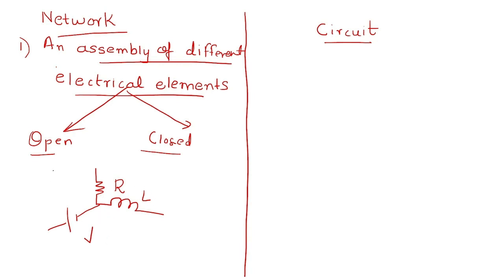So this is an open kind of assembly. Similarly, we can have a closed kind of assembly as well. So to sum up, a network is basically an assembly of different network elements, and it can be open or closed. It can just be an assembly, like for example, I have a voltage, a resistor, and an inductor.